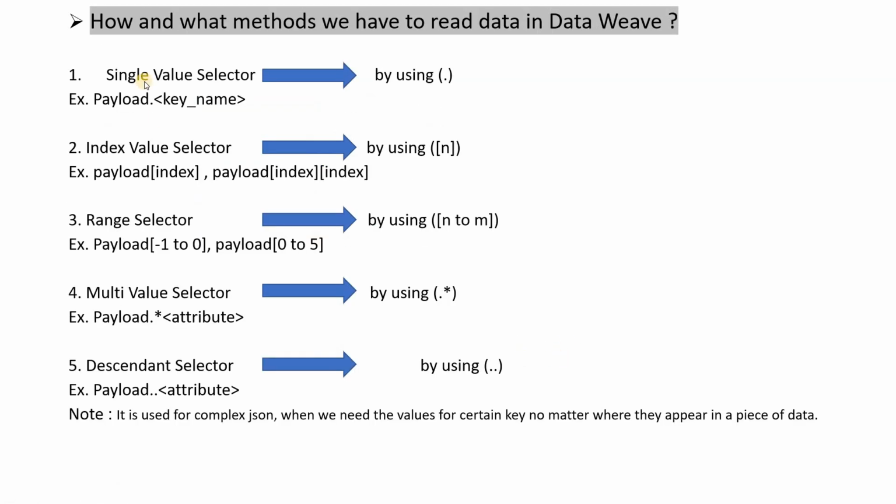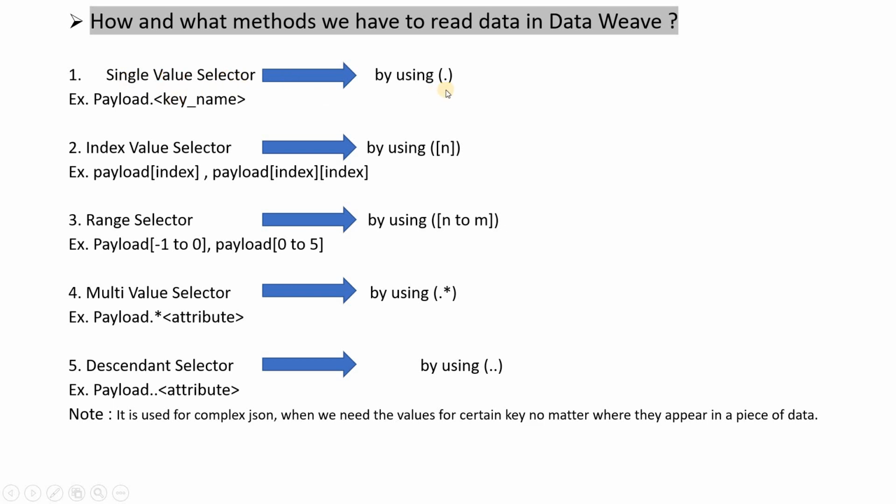Okay, now I'm moving further, to how and what methods we have to read data in data view. Basically there are 5 types of selectors which we can use to read the data in data view from the input file. The first type is the single value selector.